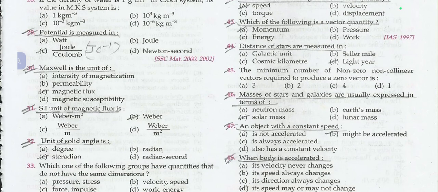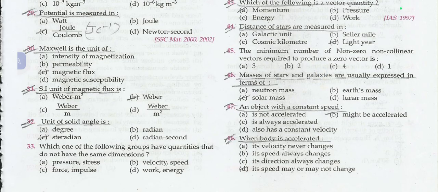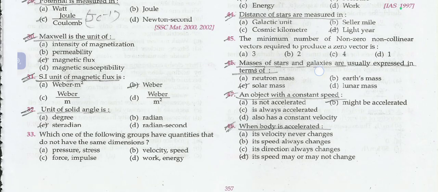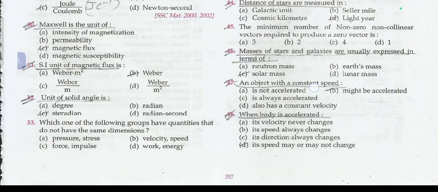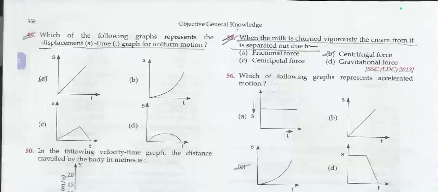Masses of stars and galaxies are usually expressed in terms of solar mass. An object with a constant speed might be accelerated. When a body is accelerated, its speed may or may not change. Which of the following graphs represent the displacement s, time t graph for uniform motion?